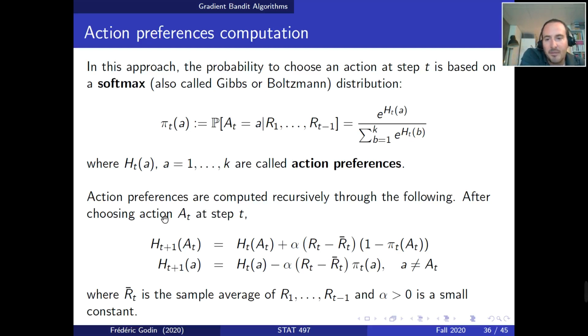Action preferences are assumed to be computed recursively through the following rule.